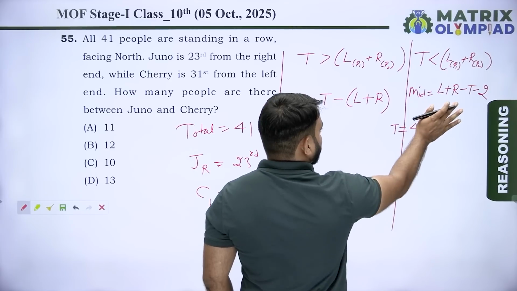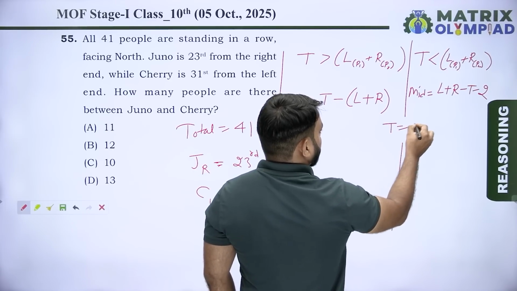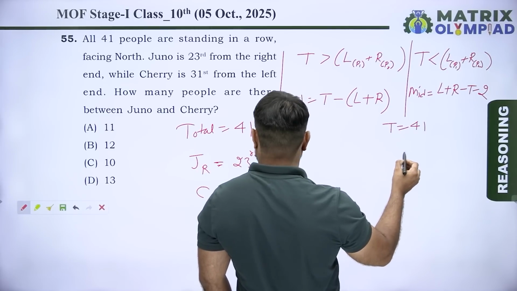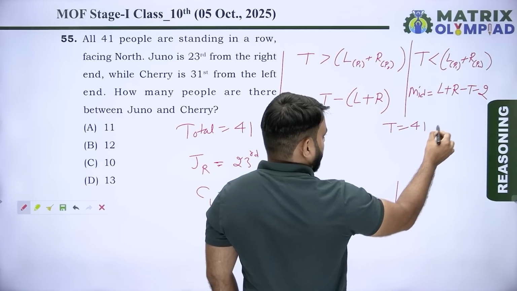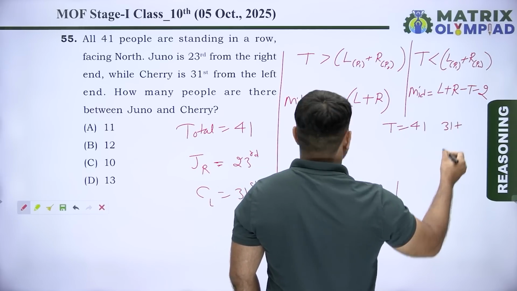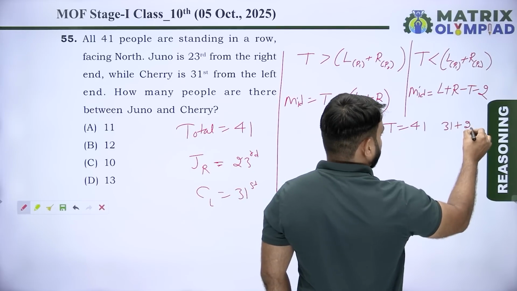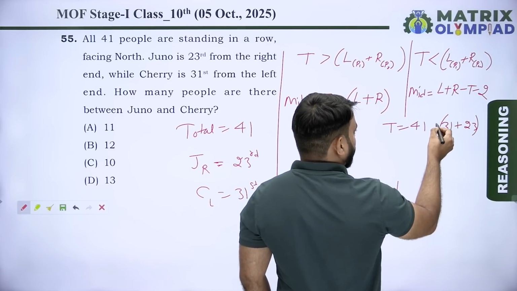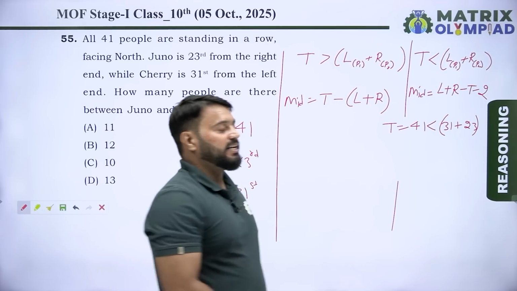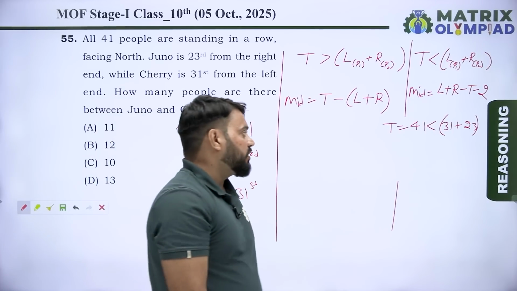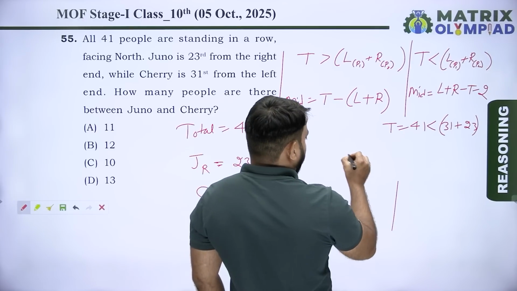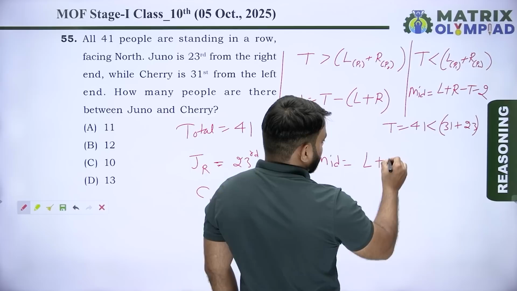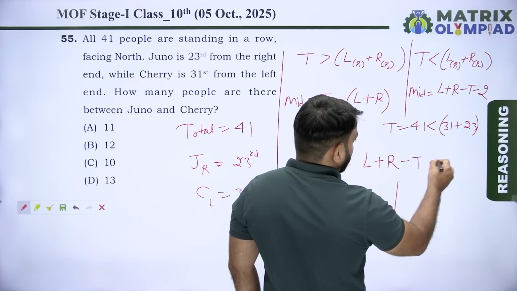Total is equal to 41 and the left position of the person is 31 plus the right position of the second person is 23. 23 plus 31, it means 54. So left plus right is greater than the total. So here the number of middle persons is left position plus right position minus total, minus 2.